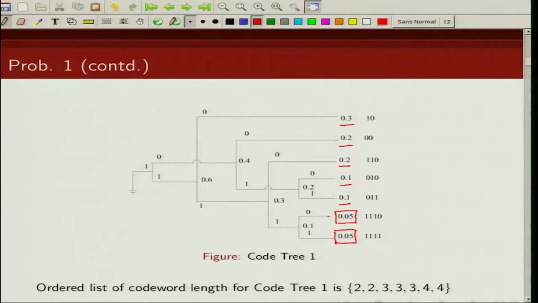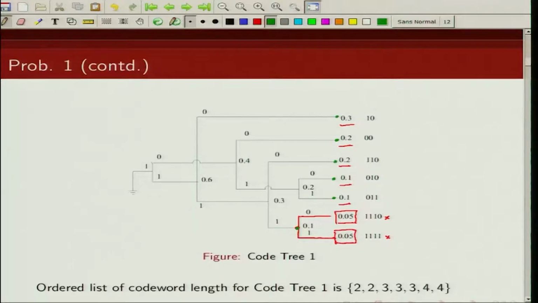We create a new node which has probability of 0.1 and we deactivate these 2 nodes. So at this point these are the active nodes.